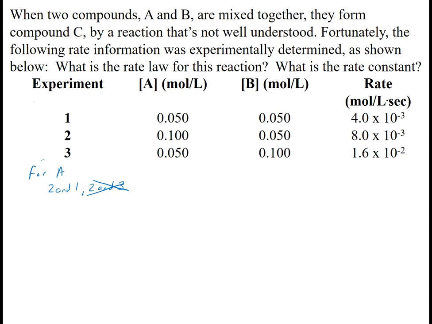So then I start my problem. The highest concentration goes on top, so I'm looking at these two here, and I'm going to use these two here. The highest concentration on top, so it's going to be the concentration of A for experiment 2 over the concentration of A for experiment 1.